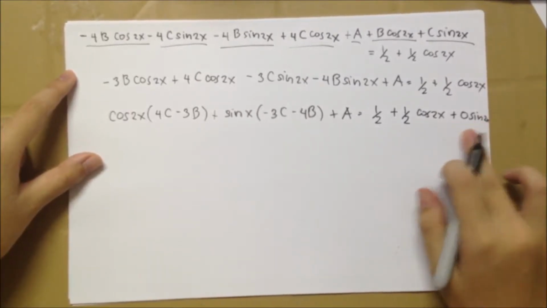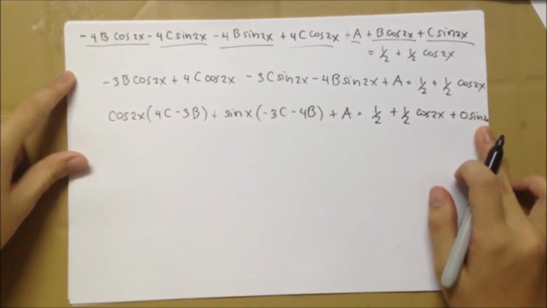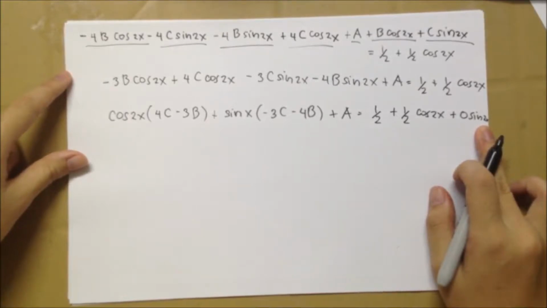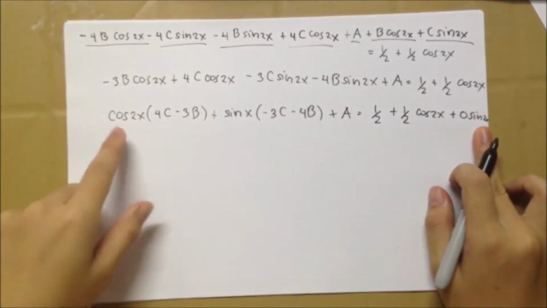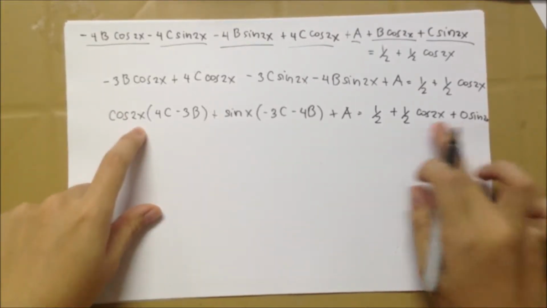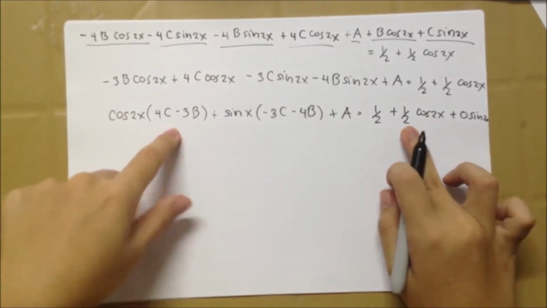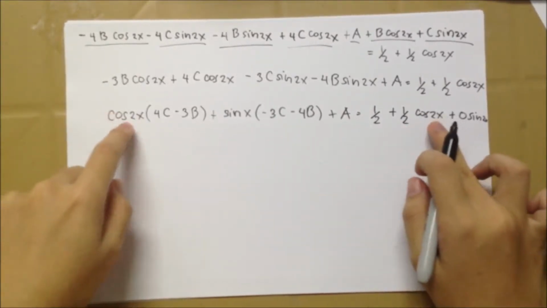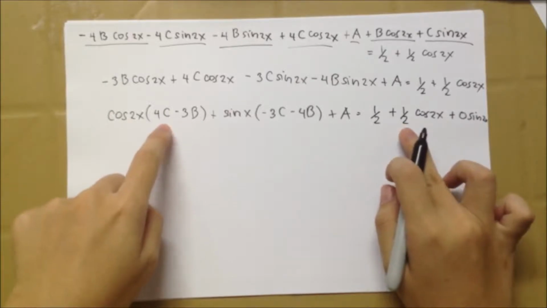I'm just writing 0 sine of 2x because the next thing we are going to do is equate same coefficients. So here, cosine of 2x and cosine of 2x are the same, so we are going to equate their coefficients.